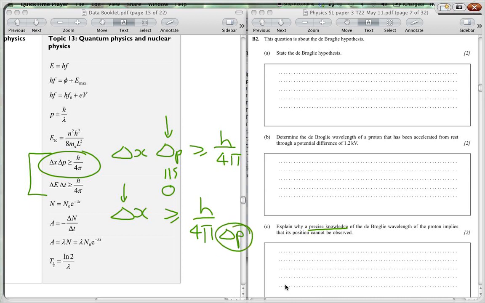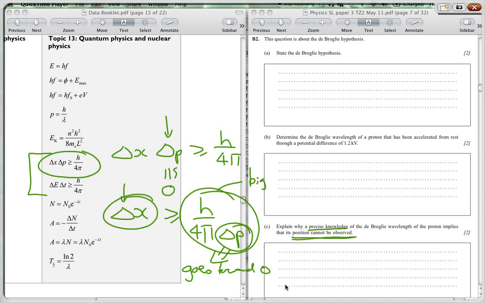And as that goes towards zero, this whole value becomes big, or it tends towards infinity.